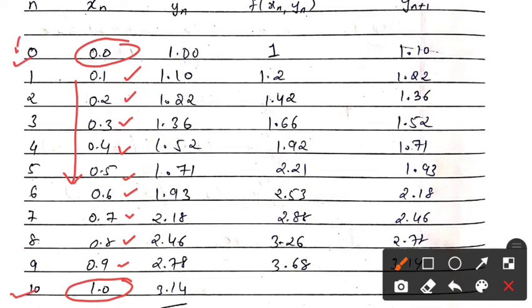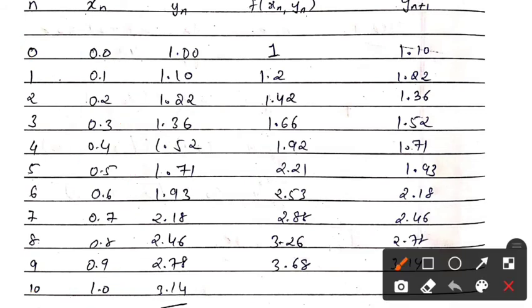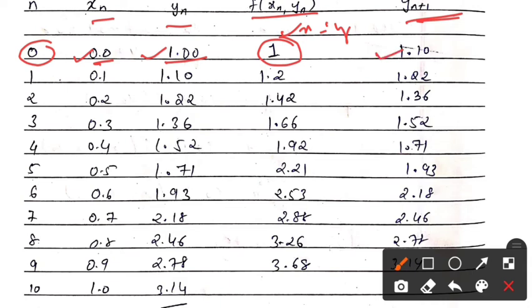Then see, start from the first step. This is n equal to 0. If you put here n equal to 0, then this will be your x0 and y0, which will be given to you. This is your function. Function is what? x plus y. So put both values in x plus y, you get your f of xn. Then put this value in Euler's formula, then you get your y1, 1.10.